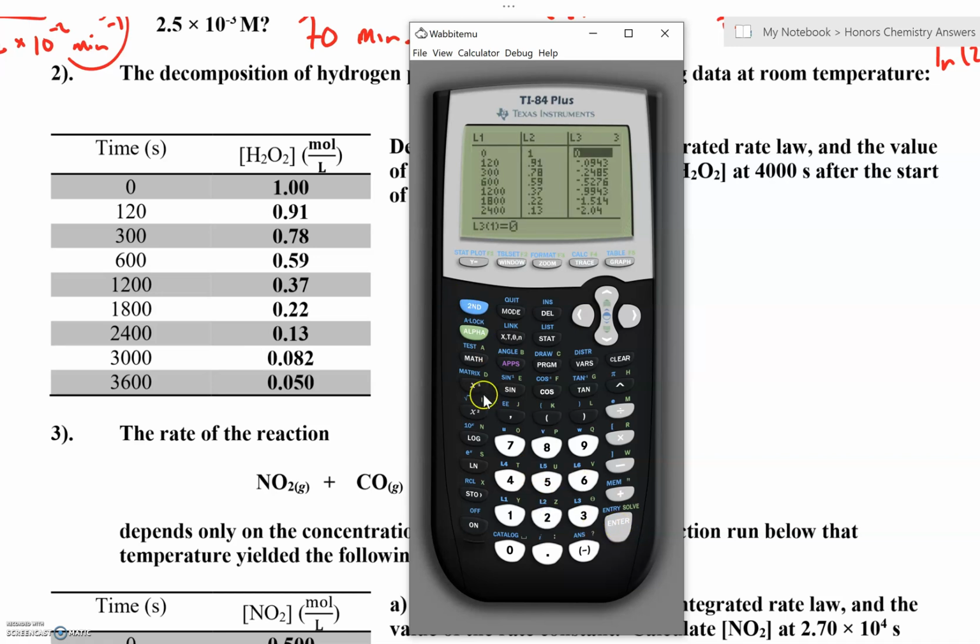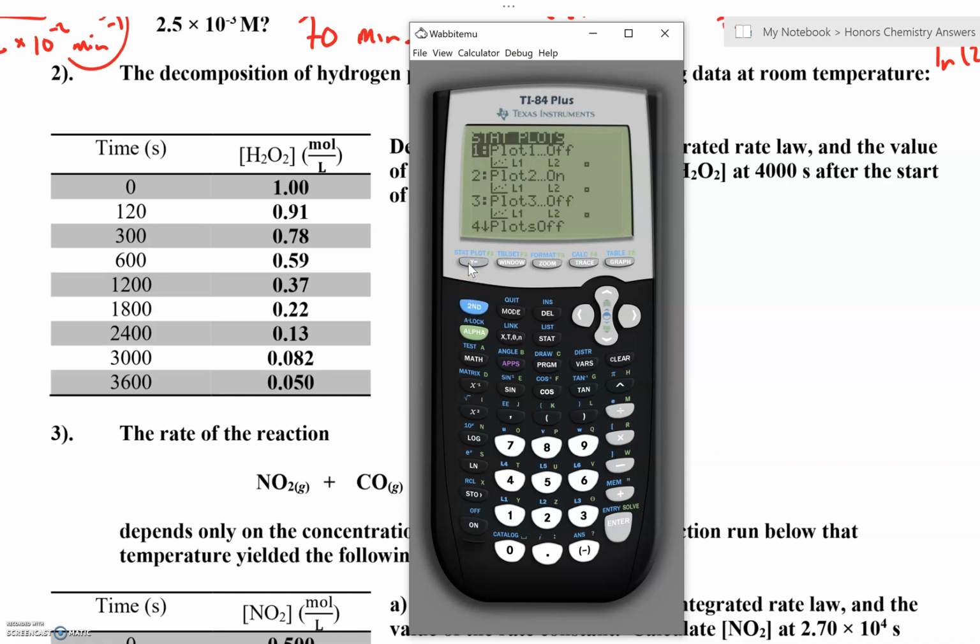So now that looks like this, and we'll go to our stat plot and instruct our calculator to graph L1 versus L3. So we're going to first go up to plot 1 and turn that off. Then we can go up to plot 2 and turn that on. Wrong button.